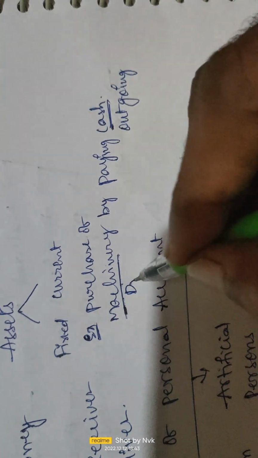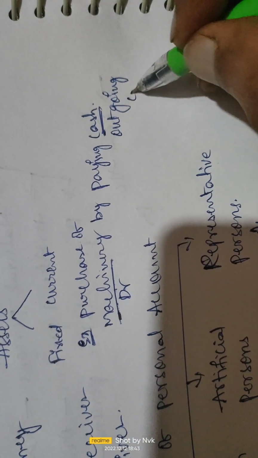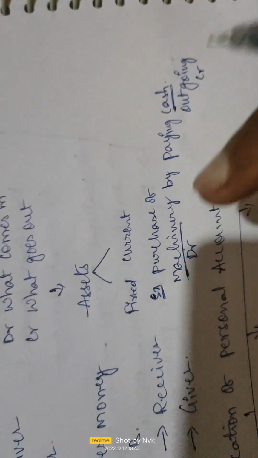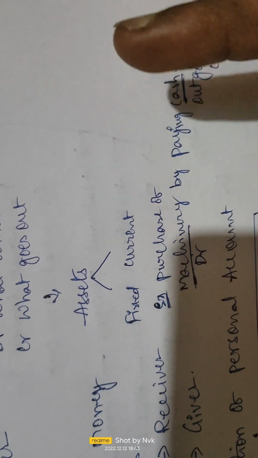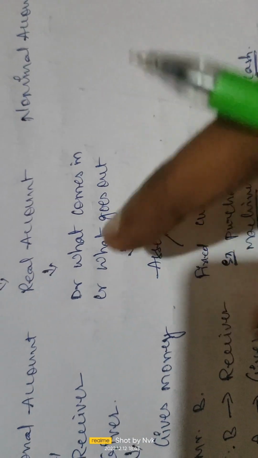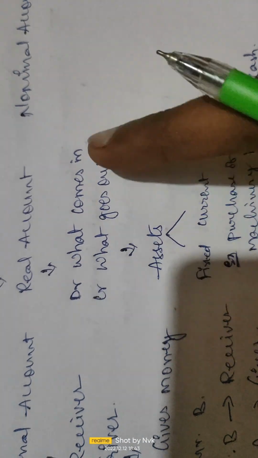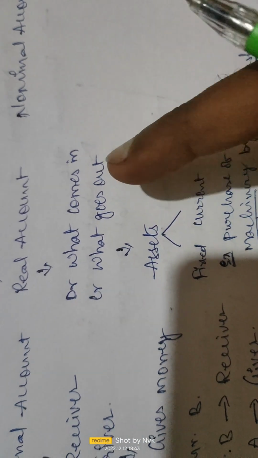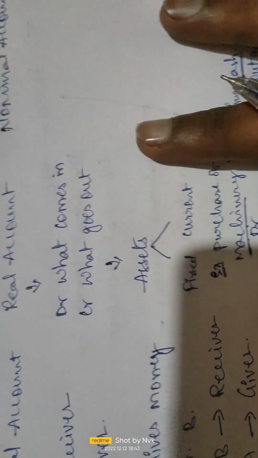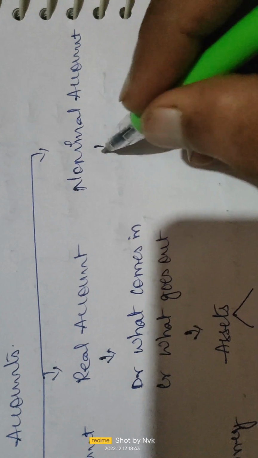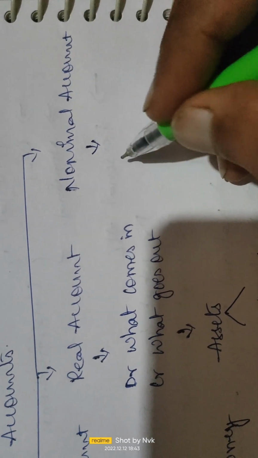So machinery is debited and cash is credited. For all sorts of assets, whether fixed assets, current assets, or intangible assets, the rule is debit what comes in, credit what goes out, and based upon this rule we can pass the journal entries.